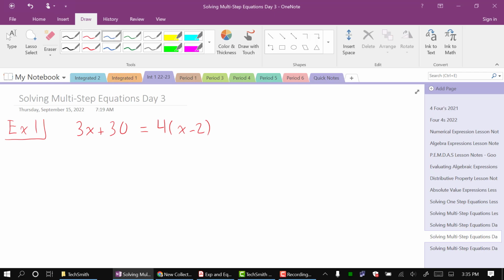So we're going to use an acronym that's going to help us out. It's "Friends Don't Come Into Algebra Mad." And what does this acronym stand for? This is fractions. This is distribution.